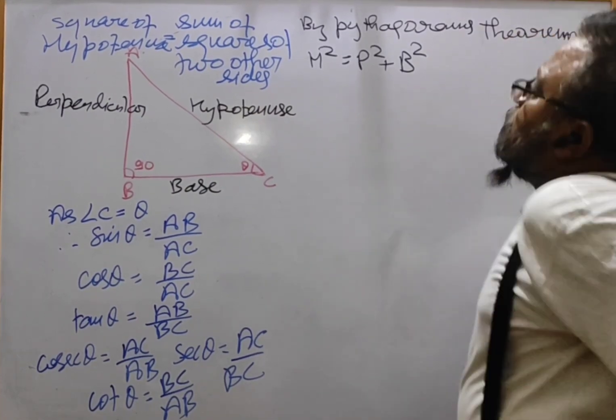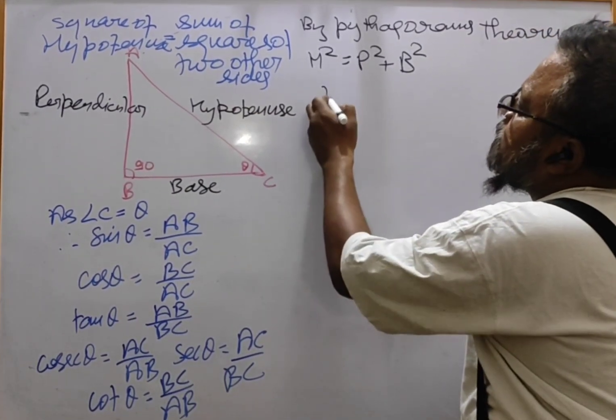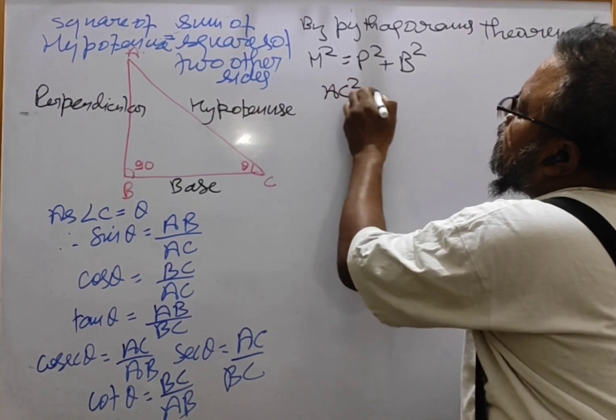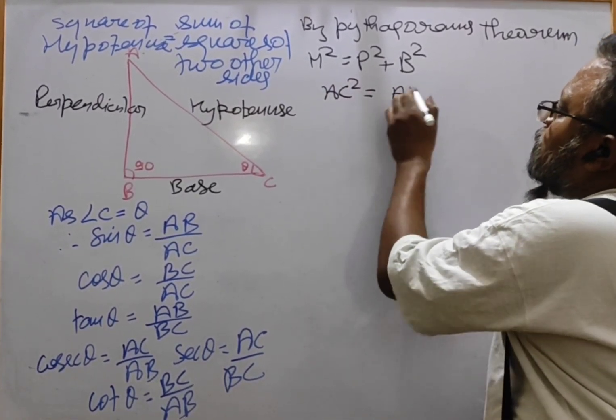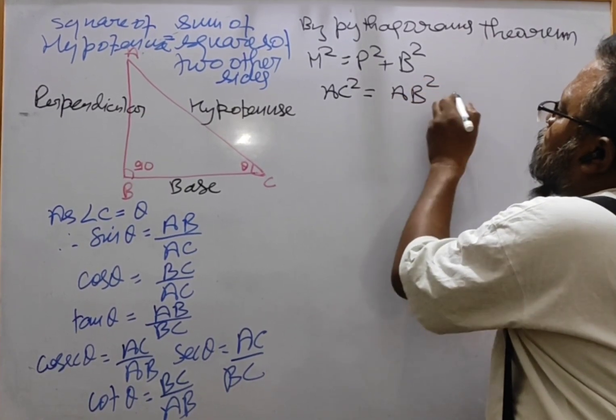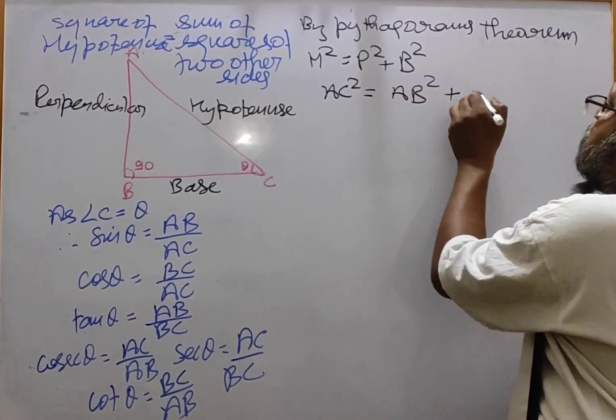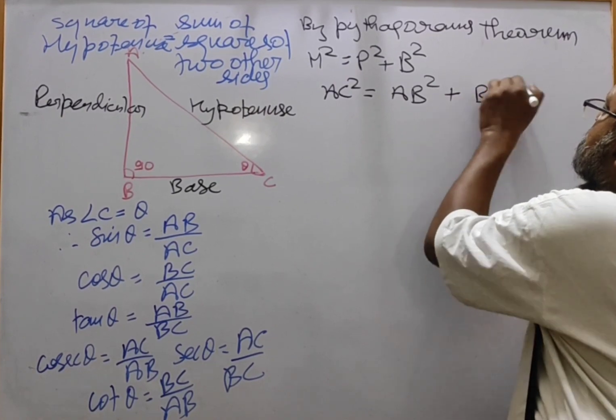So now we put the values: AC squared is equal to AB squared plus BC squared.